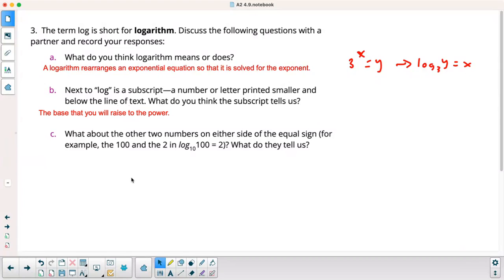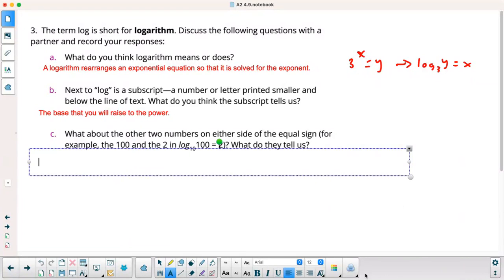All right, what about the other two numbers on either side of the equal sign? For example, the 100 and the 2. Okay, so the 2, so let's say the 100, the number on the right, the number that the logarithm is equal to is the exponent.